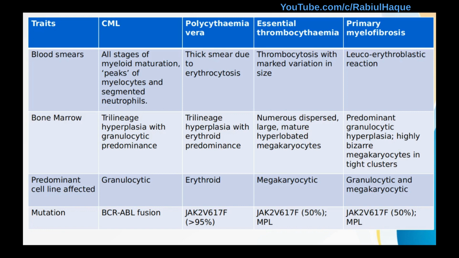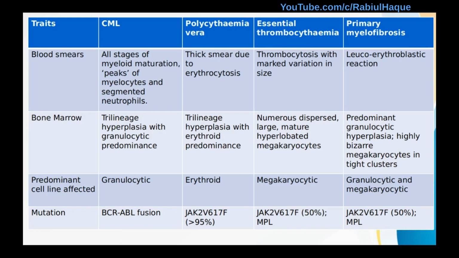And regarding the predominant cell line affected, we can see that obviously in chronic myeloid leukemia, that will be the granulocytic cell line. In case of polycythemia vera, that will be the erythroid cell line. In case of essential thrombocythemia, that will be the megakaryocytic cell line, whereas in primary myelofibrosis, that will be granulocytic and megakaryocytic cell lines.